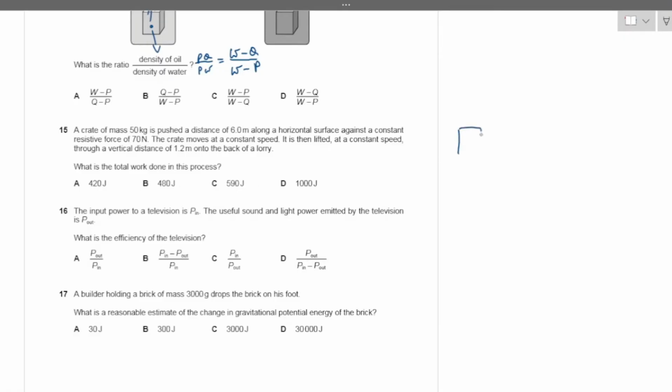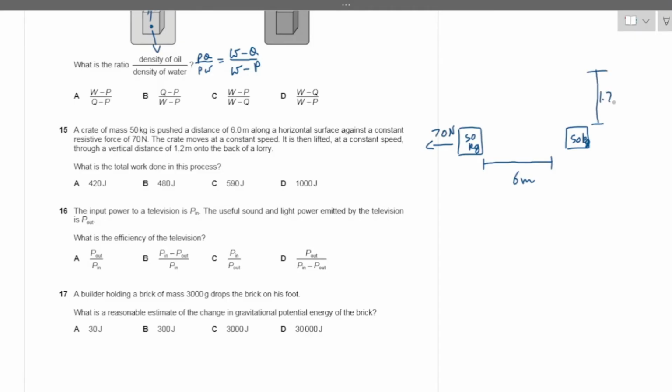Alright, so we have the crate of 50 kg. A constant resistive force of 70 newtons acts on it, and it is moved through a distance of 6 meters, after which it is picked up through a vertical distance.